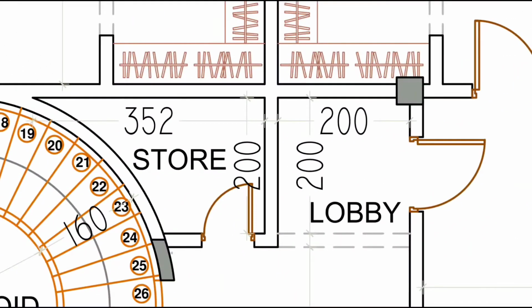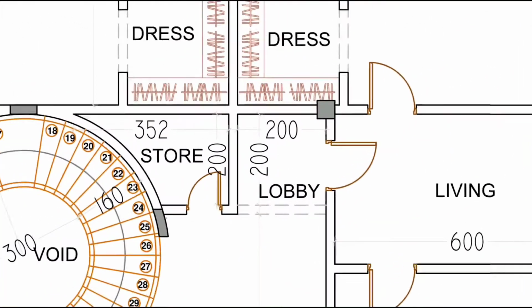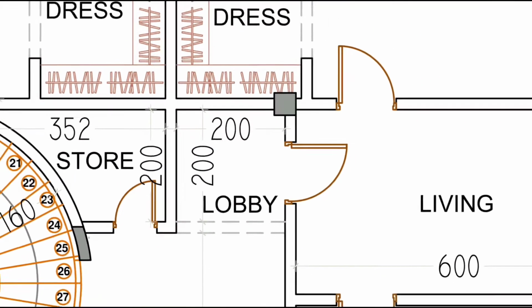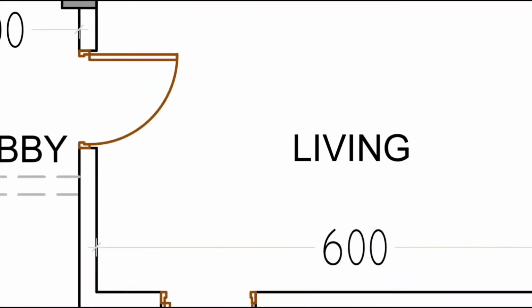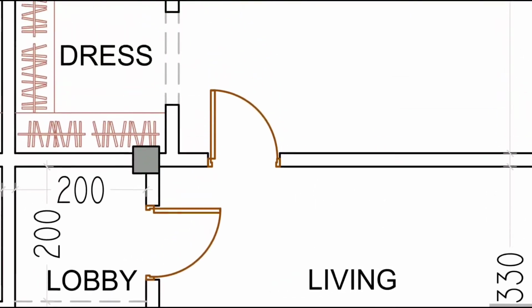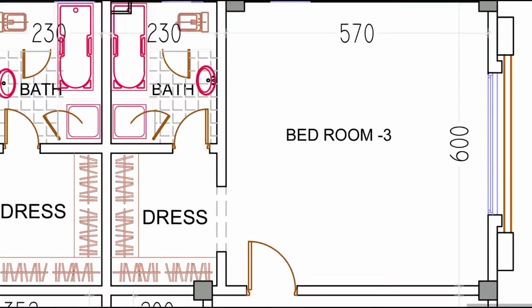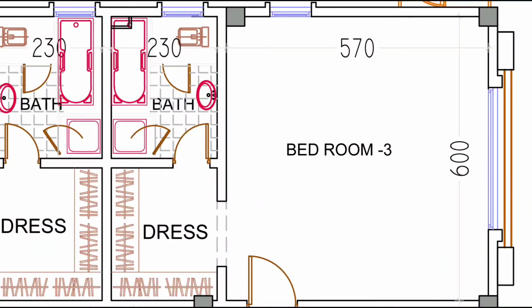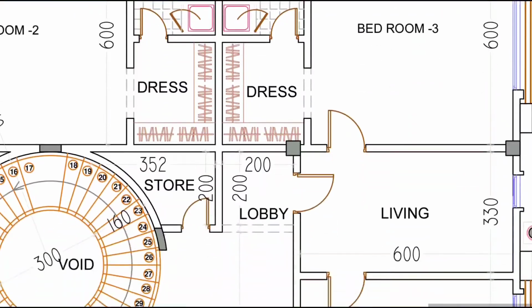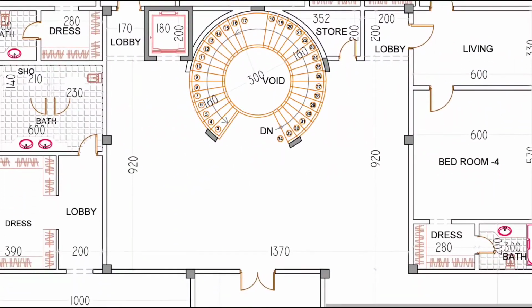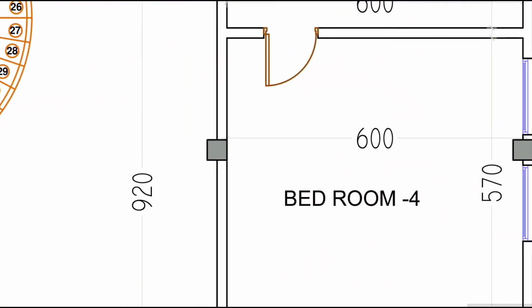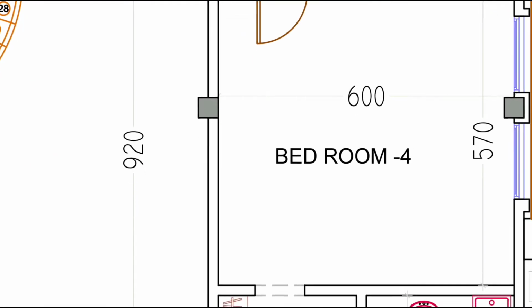This side you can see we have a store, and this is the lobby to access this area. So this is a small living area again, 600 by 330. Then we access bedroom 3. Bedroom 3 is 570 by 600 centimeters, and this 230 is the same attached bathroom, everything the same. We will see bedroom 4, 600 by 570.